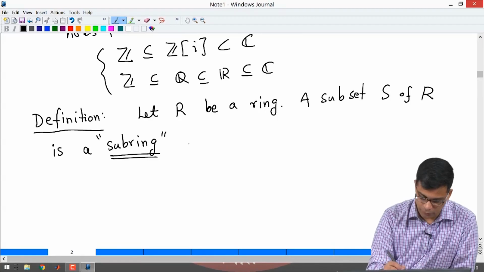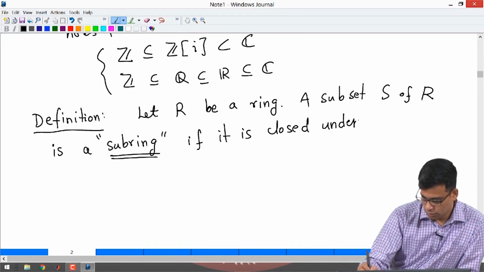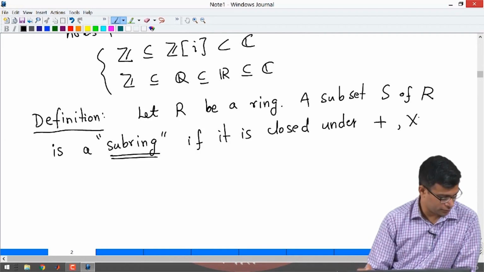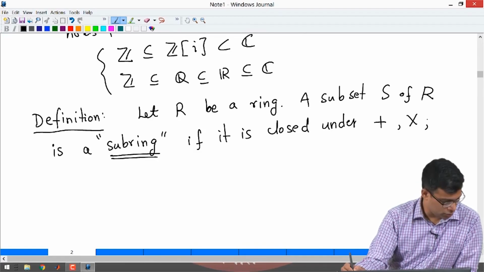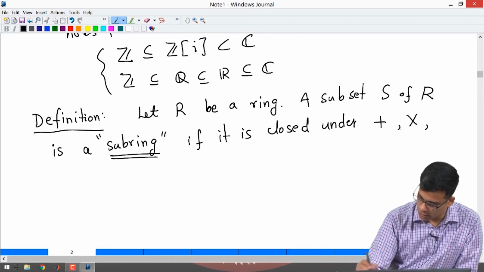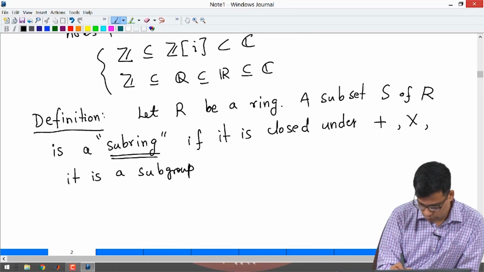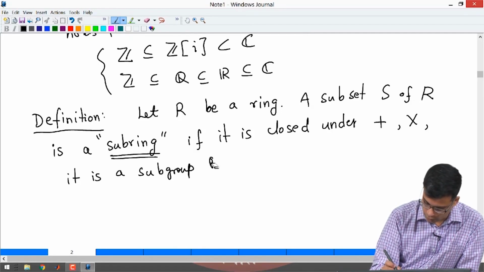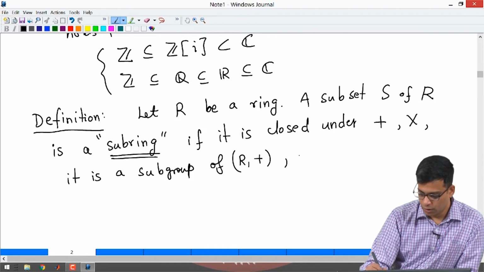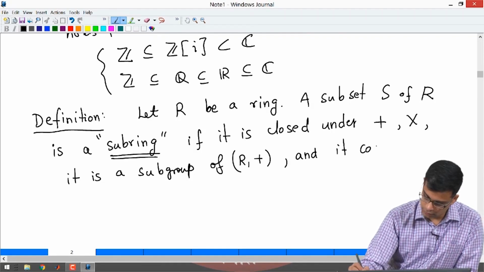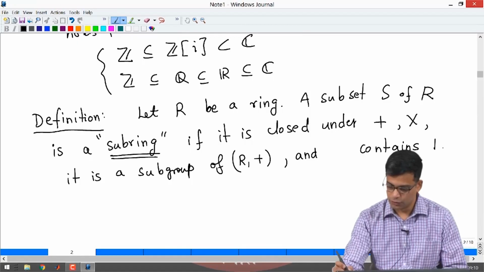So, it is a subring if it is closed under addition and multiplication, so it is closed under plus and times, and it is a subgroup of the additive group of R, and finally if it contains 1, the multiplicative identity.